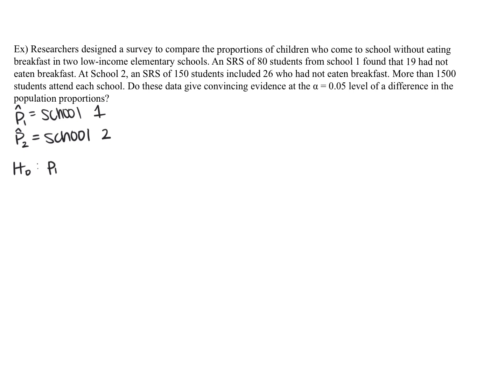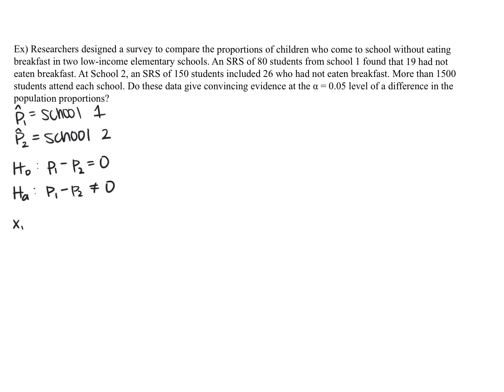So I'm going to write this as P1 minus P2 equals 0. You could also write it as P1 equals P2. My alternative is going to be that P1 minus P2 does not equal 0. So I'm just looking for a difference between the schools. I'm not trying to show that School 1 or School 2 is better than the other. So just looking that there isn't a difference.